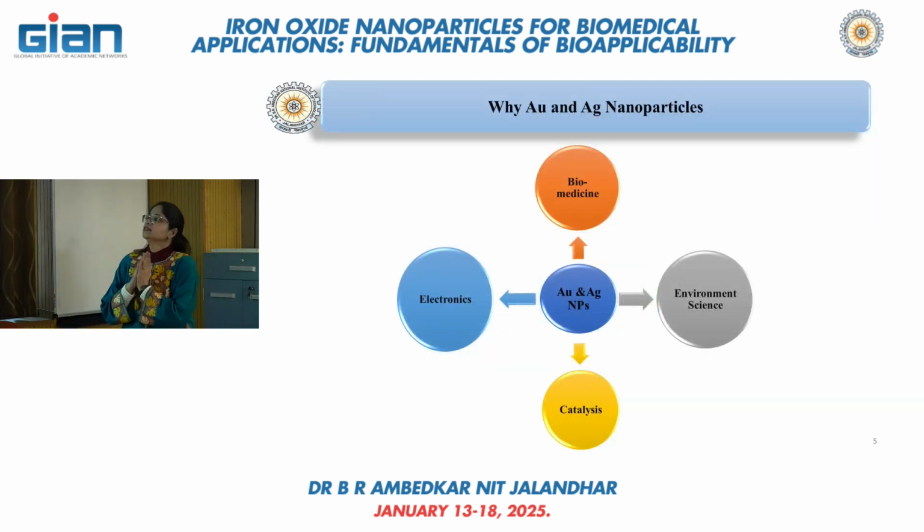So I have already discussed all the applications in environmental science for removal of pollutants. In catalysis, gold and silver catalyzed reactions are there, and in electronics, electrochemical and optical devices, in biosensors and all that, and in biomedicine, right? So gold and silver can be used in medicine.